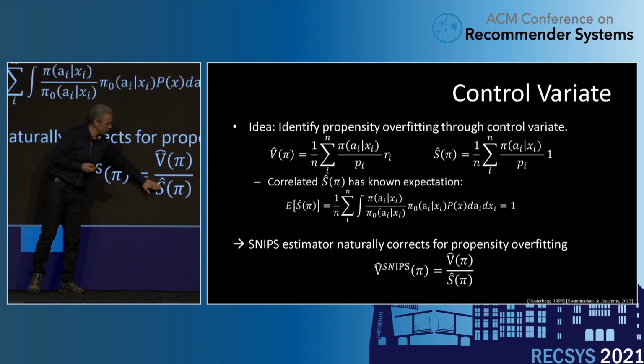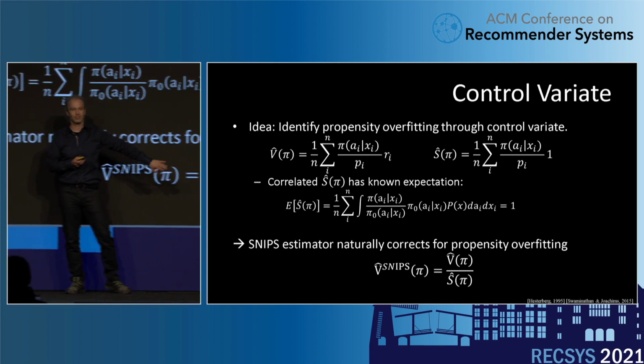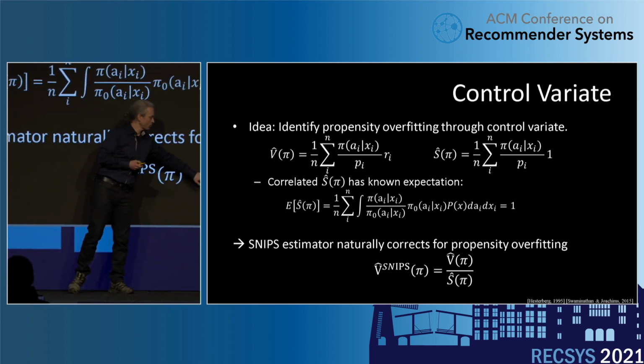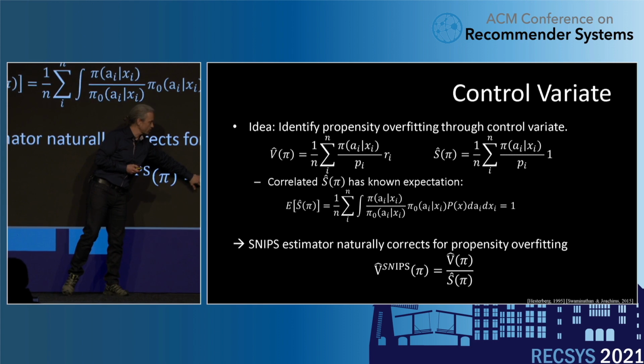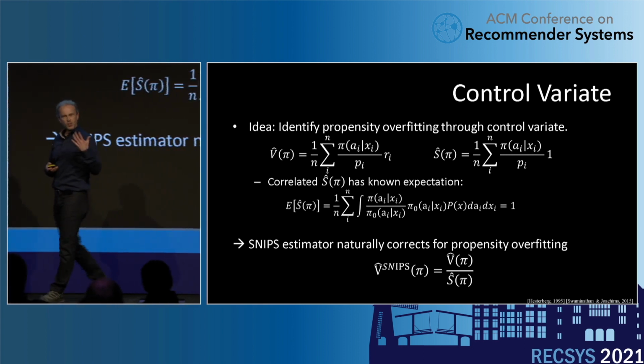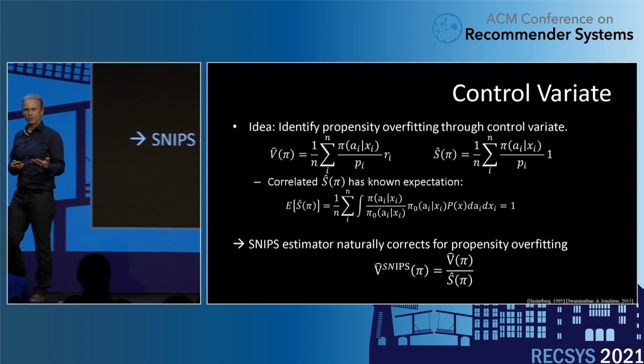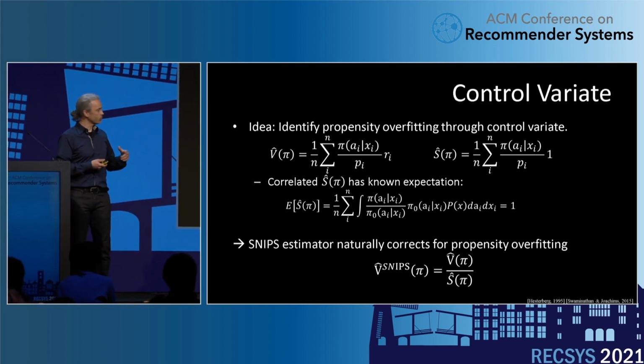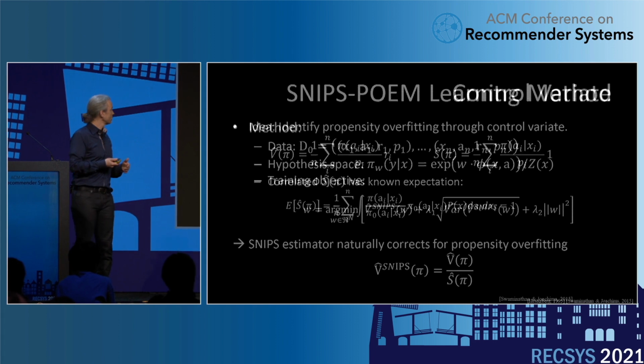And so it corrects, in this multiplicative control variate fashion, the IPS estimator for propensity overfitting. If this is too low, it will divide by something and upweight that. That's also part of the intuition why SNIPS works so well. And it also helps with this propensity overfitting.